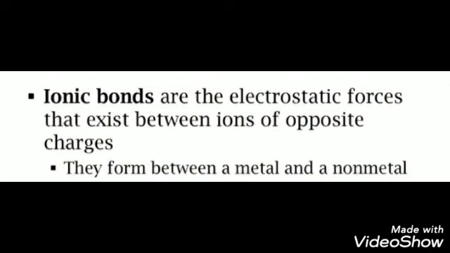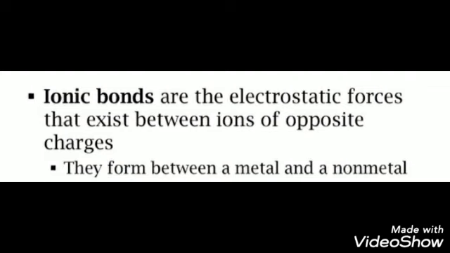An ionic bond is formed when one of the atoms can donate electrons to achieve an inert gas electron configuration and the other atom needs electrons to achieve the inert gas electron configuration.